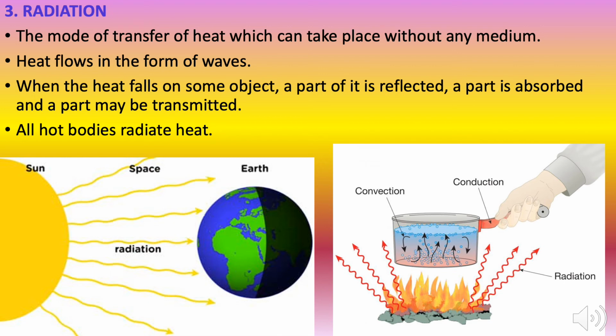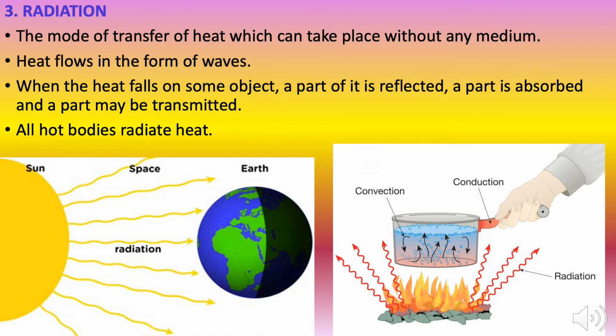It is not possible by conduction because this process takes place only in solids. Also, the convection process is not possible because there is no medium in some parts of the space between the earth and the sun. So, there is another process of transfer of heat which can take place without any medium, and this process is called radiation.